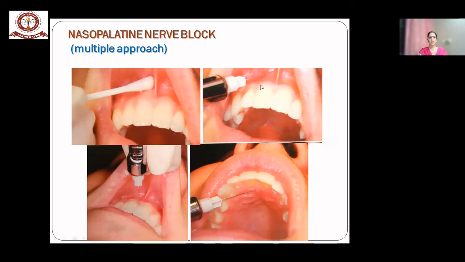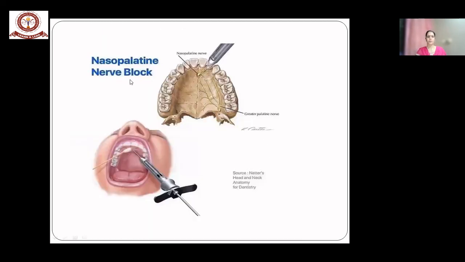And this is a clinical picture demonstrating the multiple approach of nasopalatine nerve block. One at the labial frenum, the second needle insertion at the interdental papilla between the two central incisors, and third is at the incisive foramen on the palatal aspect.